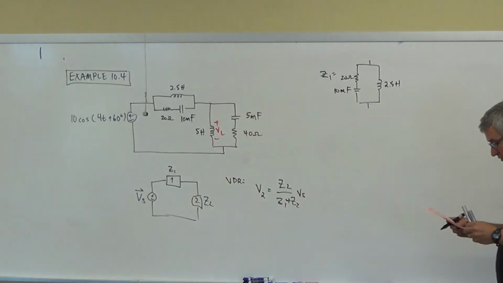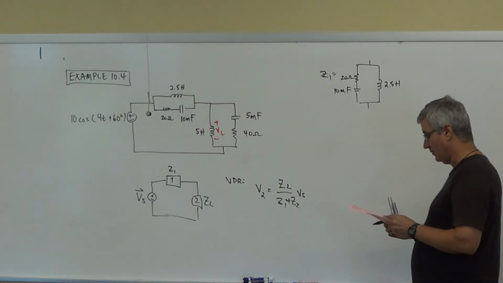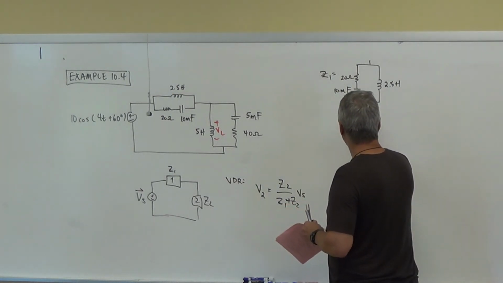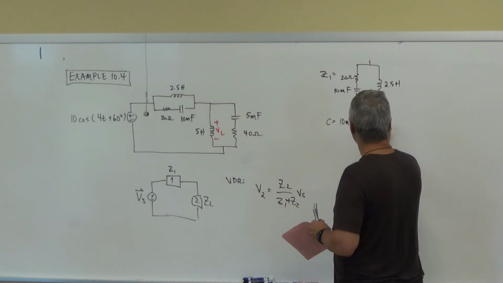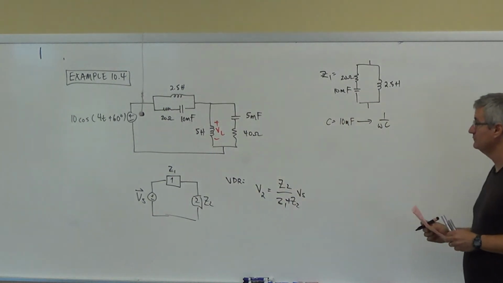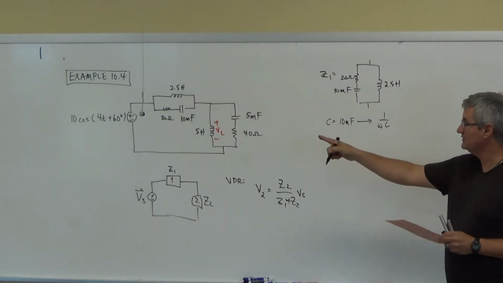So if I start to do this here, what I'm seeing is that I'm going to look at the 10 millifarad. Right? That's the capacitance. So then here I've got to write what? Omega C. What's omega? Omega's 4.